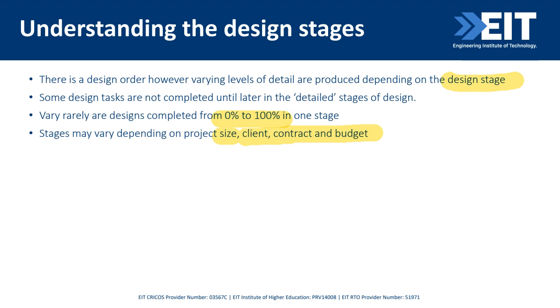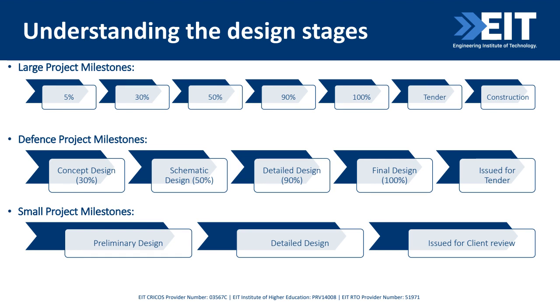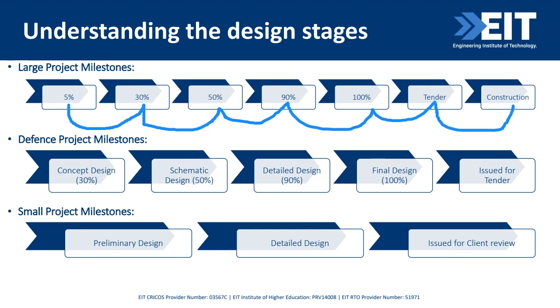So here are some examples, and there's no set rule. A large project might run from 5 to 30 to 50, 90, 100. Tenders what is tendered on by the market, and construction is what gets built. You might have an industry that specifically says, no, we want a 30, a 50, a 90, and 100.